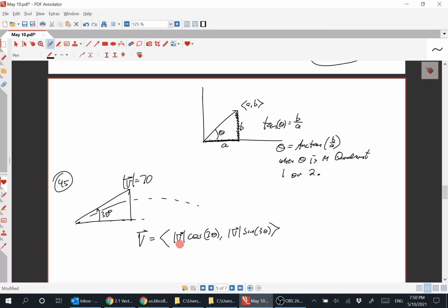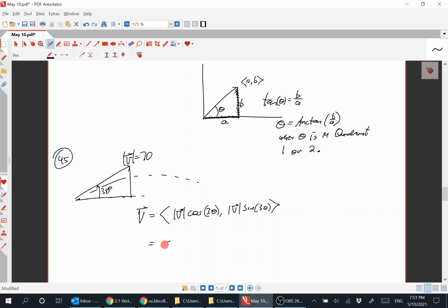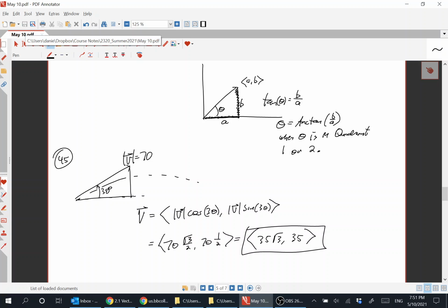So v is equal to the length of v times cosine of 30, length of v times sine of 30. And so this is 70 root 3 over 2, comma, 70 times a half. So that is 35 root 3, comma, 35. So that is the velocity vector of that football.